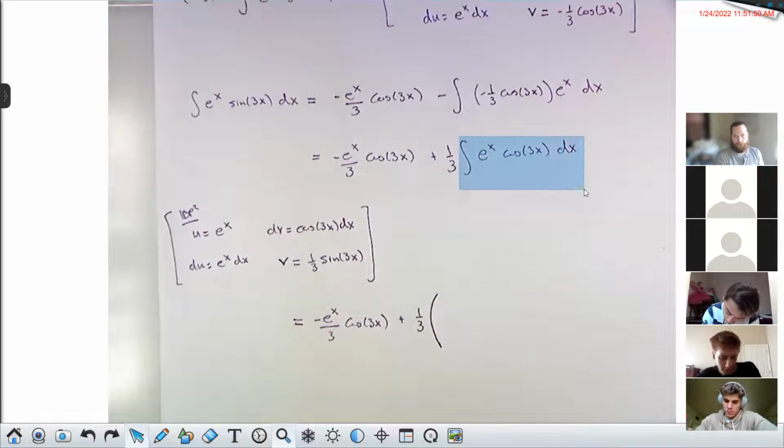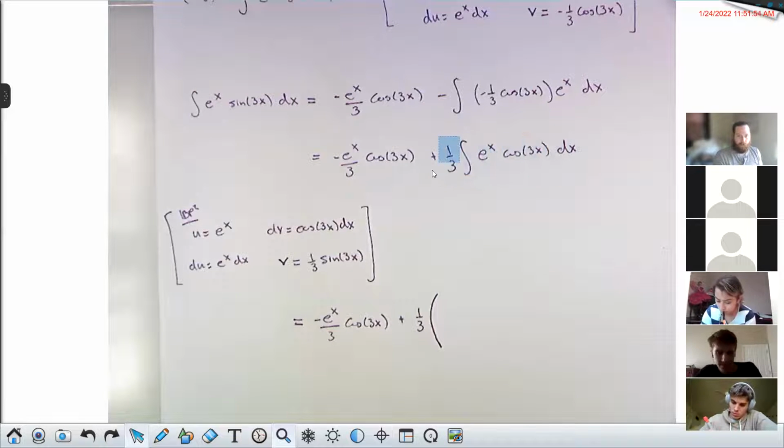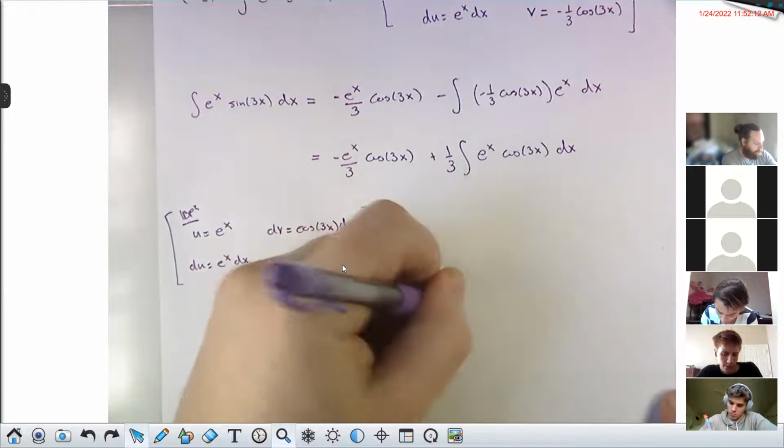Right? When you're going to replace an integral with its IBP stuff, if there's a negative out here or a constant out here, you need to open up a big parentheses and make sure that that negative or that constant distributes to everything. Now this integral is equal to u times v. That's e to the x over 3 times sine 3x.